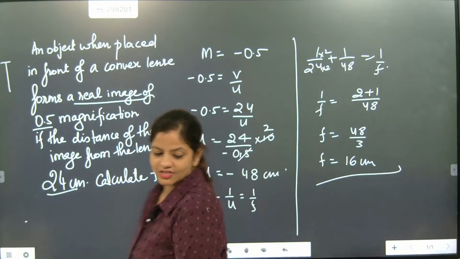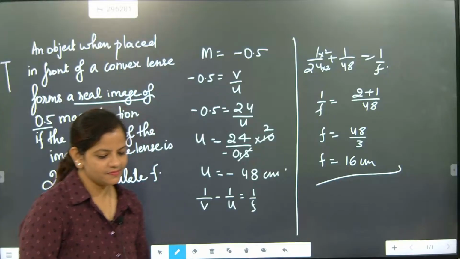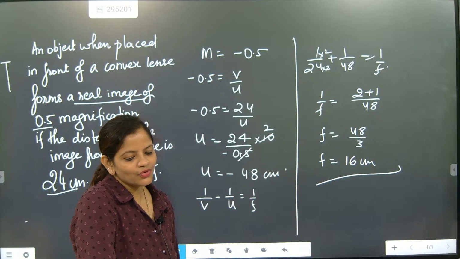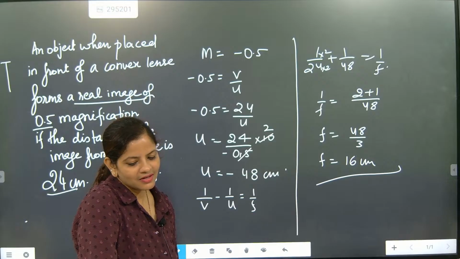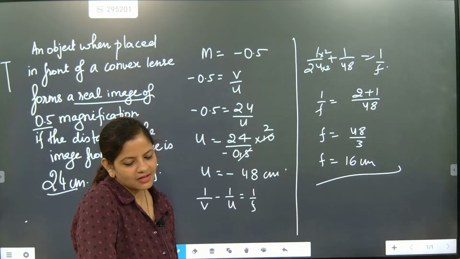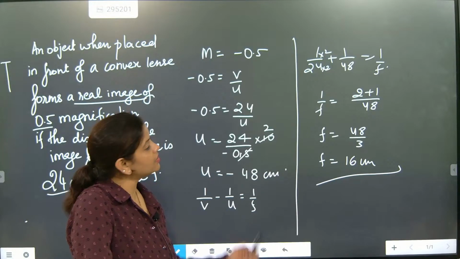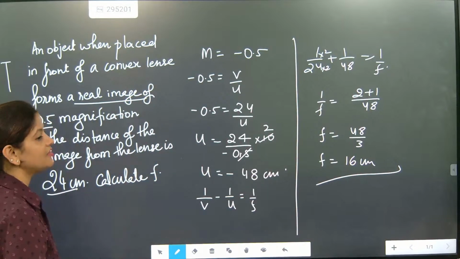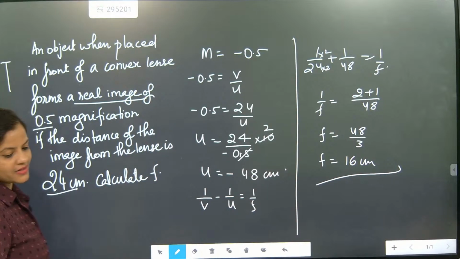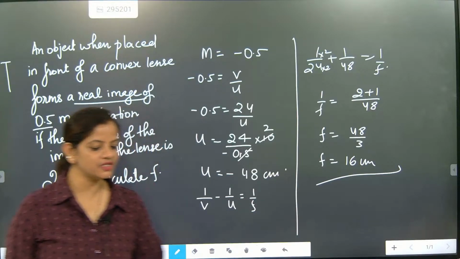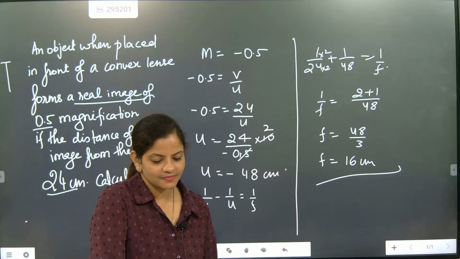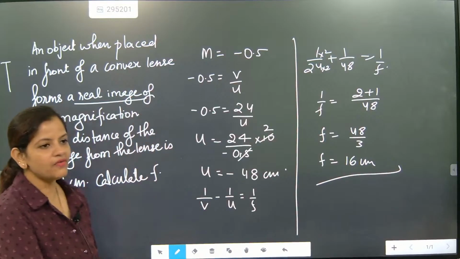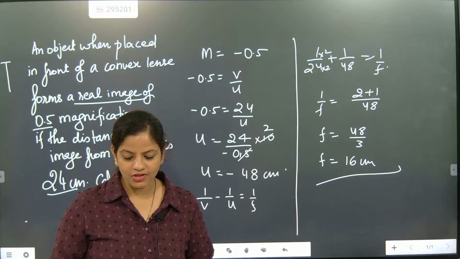Those who wrote 16 centimeter, this is the focal length. Did you understand? I think Yashvit told the answer first. I hope you have understood this one. So shall we go for the next question, please?